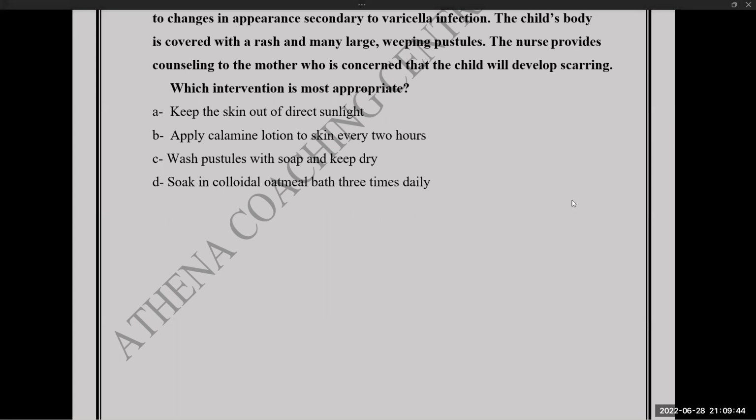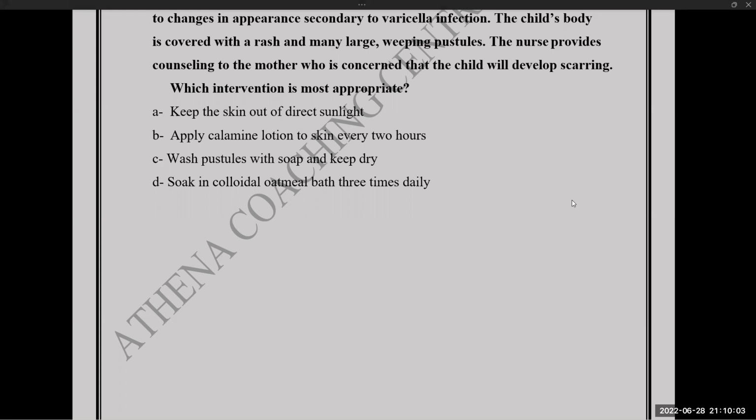What is the meaning of D? What is an oatmeal bath?